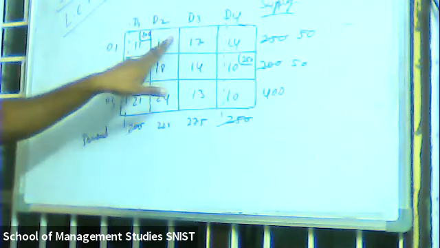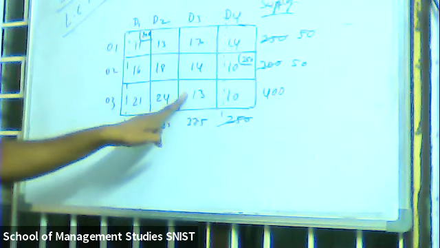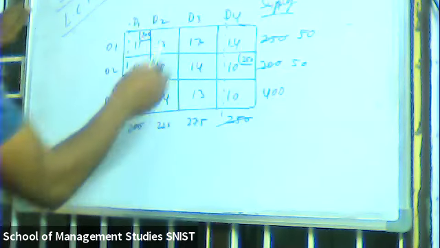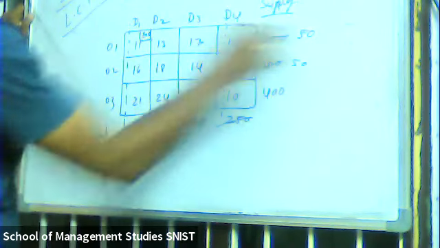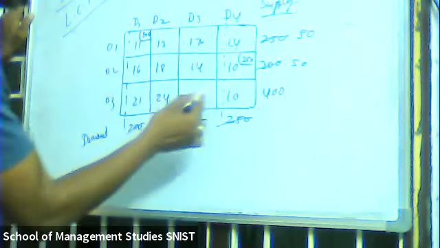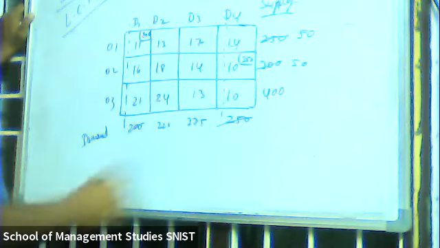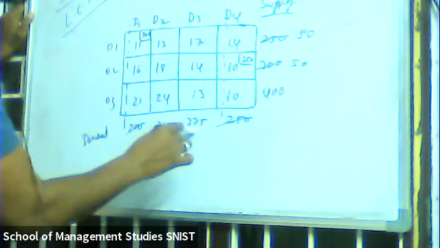Is it x12 or x33? X12 only, because if I take x12, I may allocate 50, because 50 and 225, 50 is the least one. Suppose if I want to take this x33, whereas 275 and 400, 275 and 50, which one is the least one? 50 is the least one.